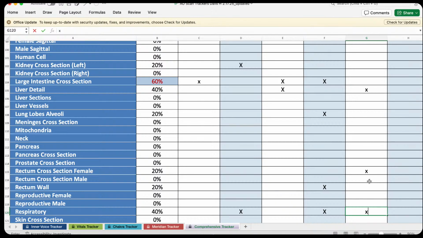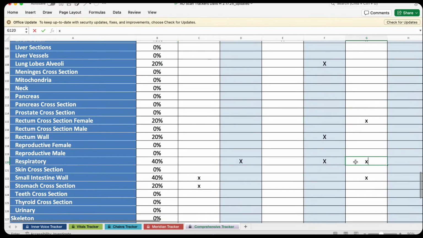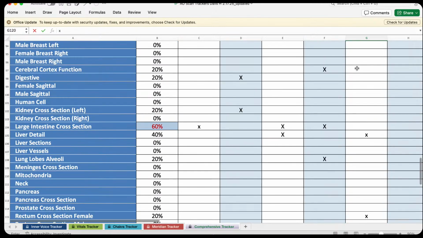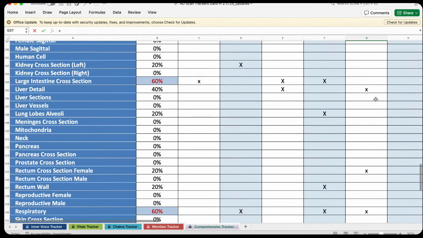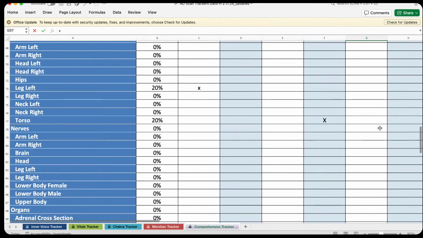Organs, cerebral cortex function. All right. Nerves, brain. Okay. Connective tissue, left knee.